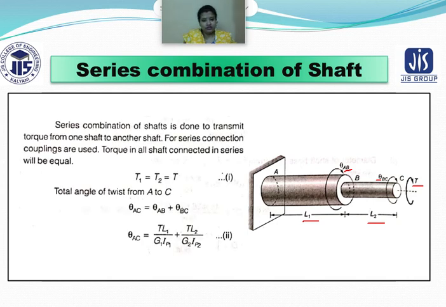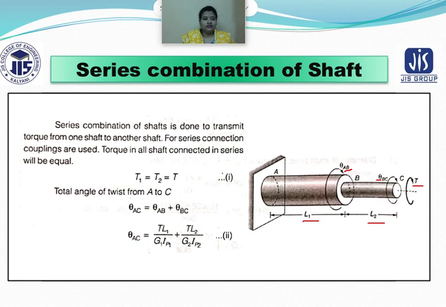As we are talking about the series combination of shaft, first and foremost I would like to say that series combination of shaft is done basically to transmit the torque from one shaft to another shaft. For series connection, couplings are used and the torque in all shafts connected in series will be equal, T is equal to T1 equal to T2.